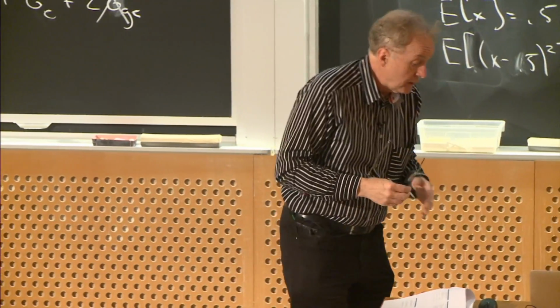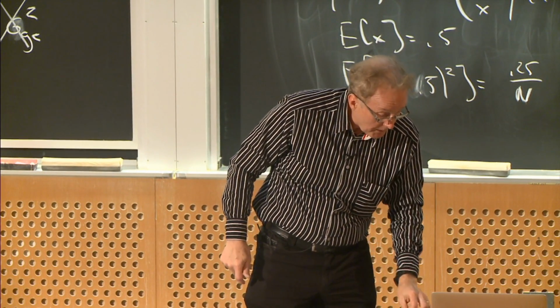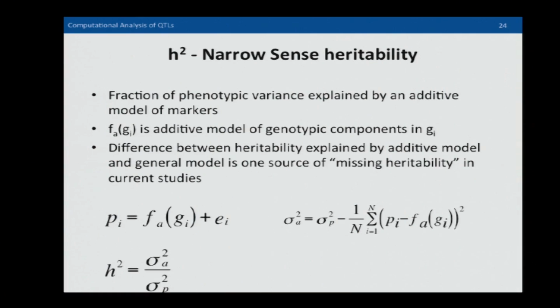Now, once again, narrow sense heritability is the fraction of phenotypic variance explained by an additive model. And we've talked before about the model itself. And little h squared is simply going to be the amount of variance explained by the additive model over the total phenotypic variance. And the additive variance is shown on the right-hand side.